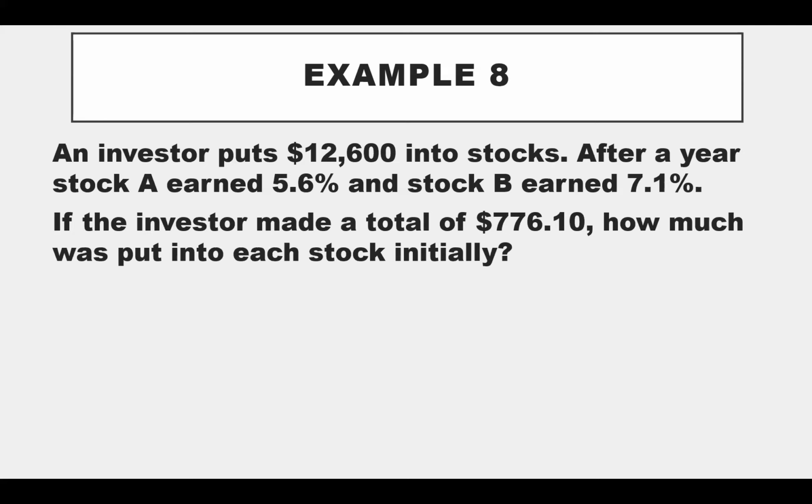If the investor made a total of $776.10, how much was put into each stock initially? This is very similar to what we've done. So you can push pause on the video and try this on your own if you'd like. Otherwise, in a couple of seconds, I will show you how it's done.